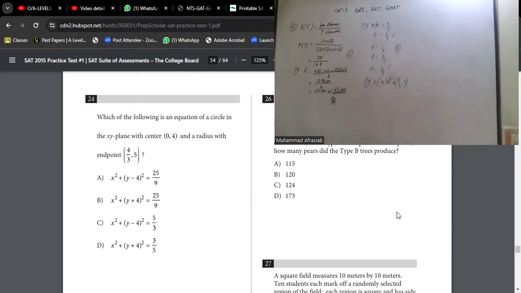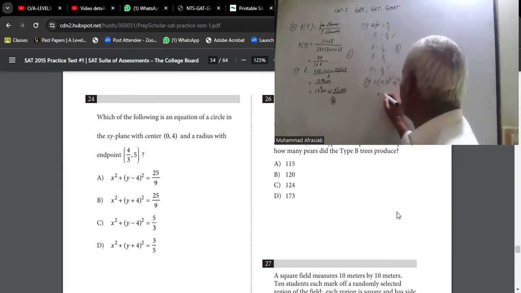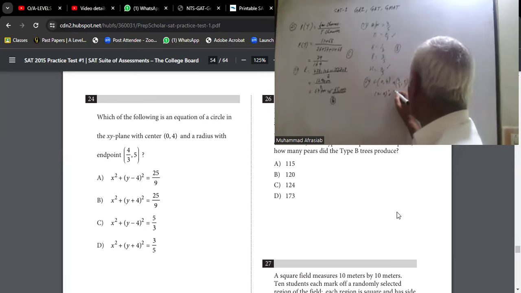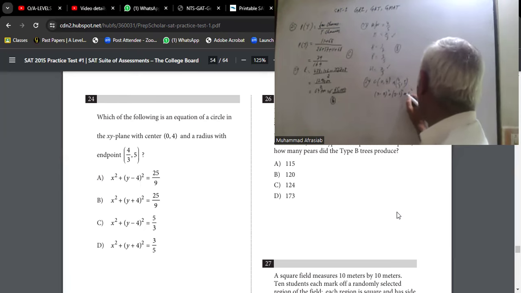We know that the equation of a circle is x minus a whole square plus y minus b whole square is equal to r square.